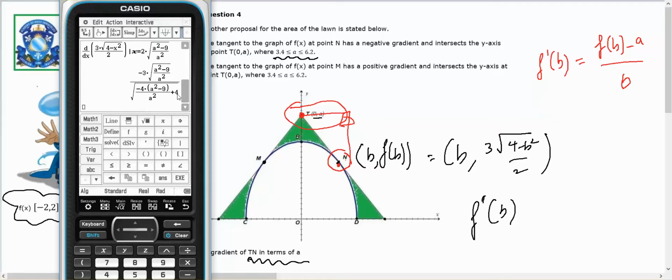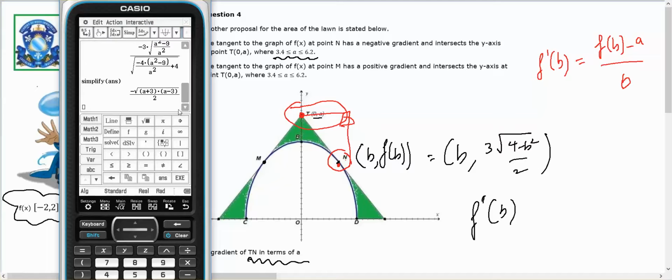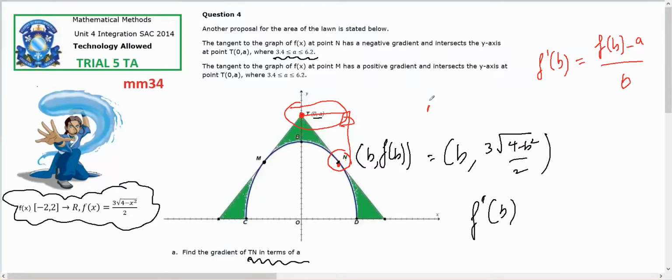So I'll press execute, and if I take my answer and simplify it, there we go. Inside there I've got a squared minus 9, so the gradient should equal negative square root of a squared minus 9 all over, and I've just forgotten what it was, 2.